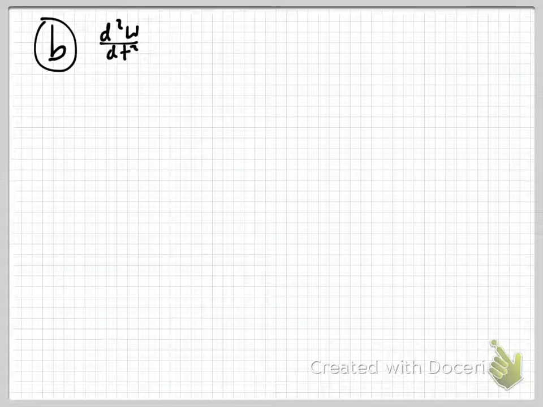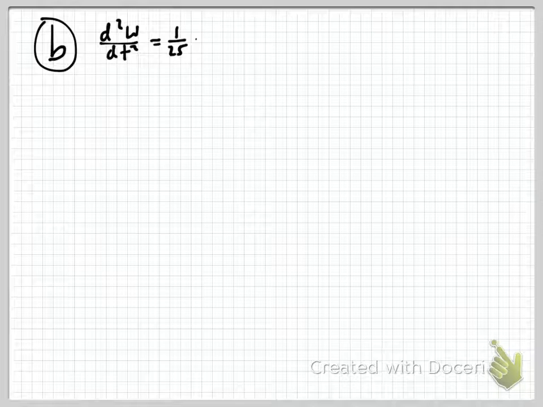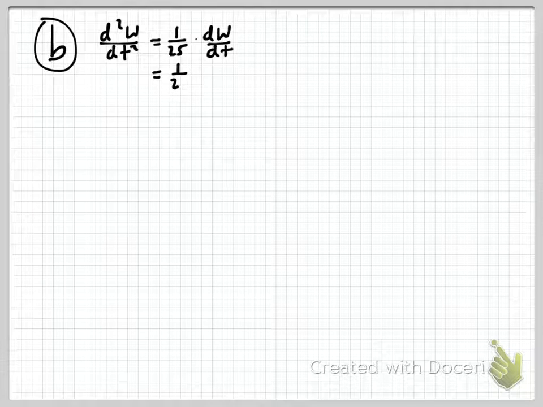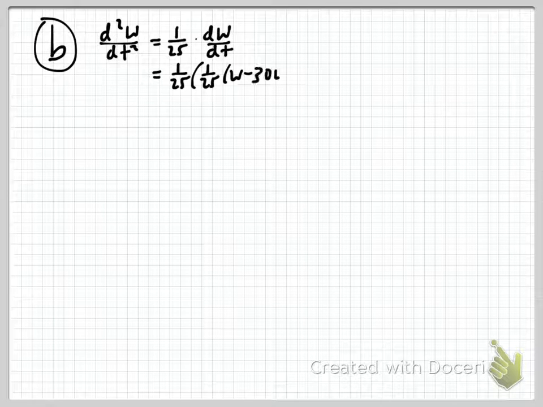And then part B, find the second derivative. Okay, so the second derivative of W with respect to t is equal to 1/25th times the derivative of the right side, which is 1/25th times dW/dt, and the dW/dt is already given, so 1/25th times W minus 300.